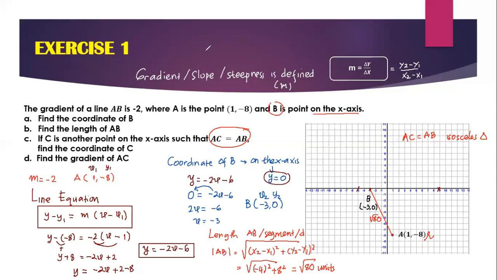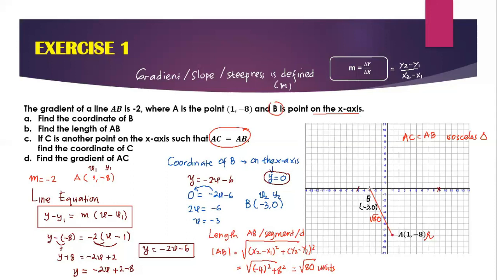Can you guess? Okay, this is the easiest way to find this one. So look at the point 8: 1, 2, 3, 4, 5, 6, 7, 8 up, right? And then left.